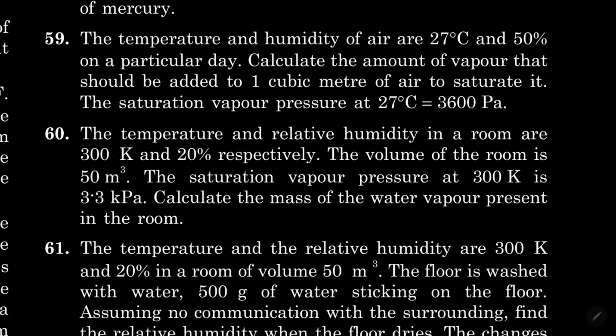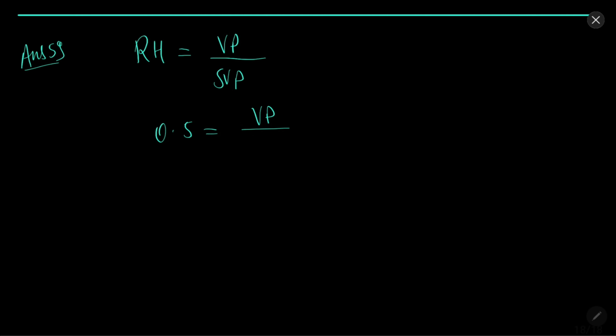In 59, calculate the amount of vapor that should be added. Solution 59. So we know this formula, 0.5 equals Vp over 3600. Vp is 1800.